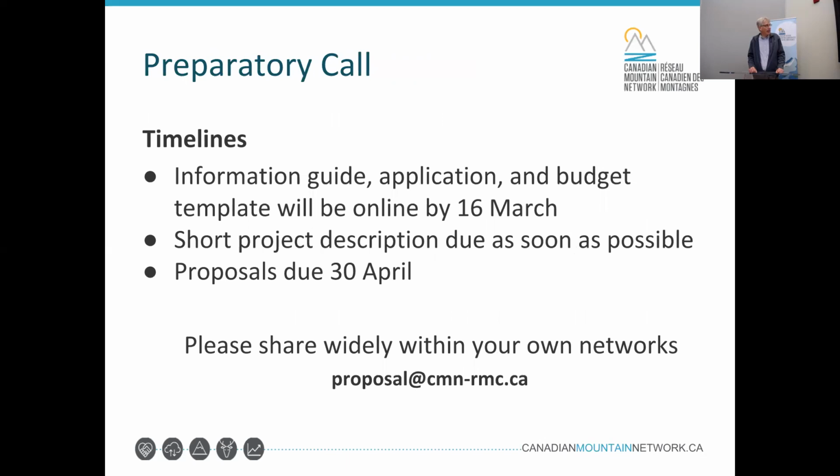So, timelines. The information guide, the application and budget template will be online at the end of next week. We would also ask, and we'll remind people about this, that you provide us with a short project description fairly soon afterwards, once you've outlined something.